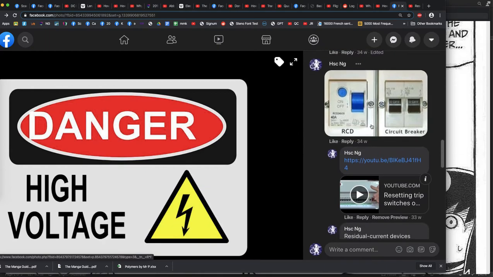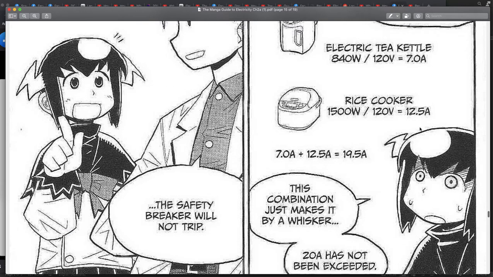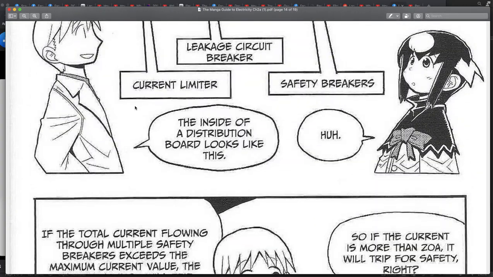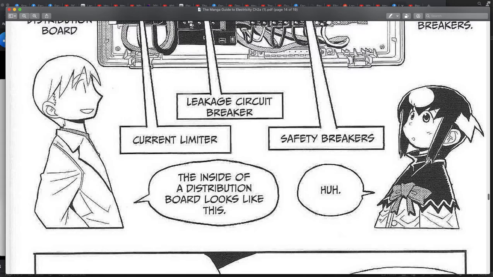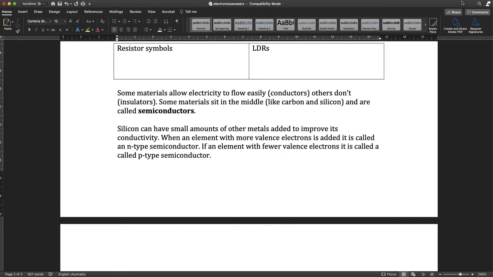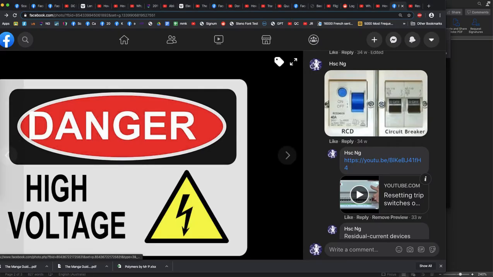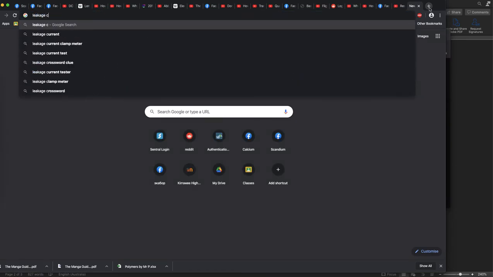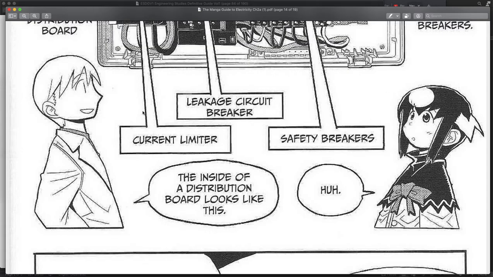Okay, so then we have residual current devices, RCDs, which are also known as safety switches, or what do they call them? Current leakage detection, maybe? What was it called? The leakage circuit breaker. I'll just check that. No one wants to be wrong on the internet, better to search. Leakage circuit breaker.